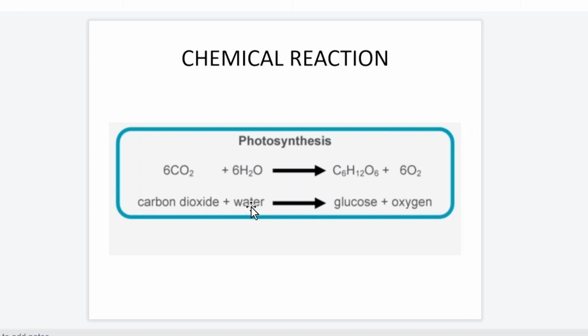Water molecules break up in the thylakoid and release oxygen and energy in the form of ATP and NADPH, which will be used in the Calvin cycle in dark reaction, which fixes the carbon dioxide and produces glucose molecule, which is the organic food of the cell.